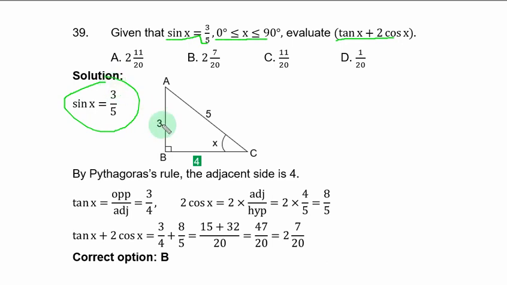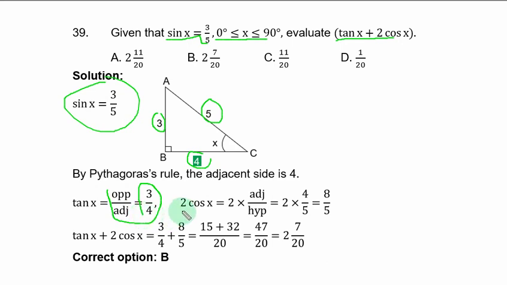So you draw a right angle triangle with S as the acute angle. 3 is opposite, the side facing the angle, and 5 is hypotenuse. By Pythagoras rule, the adjacent is 4. So tan S, opposite over adjacent, is 3 over 4.